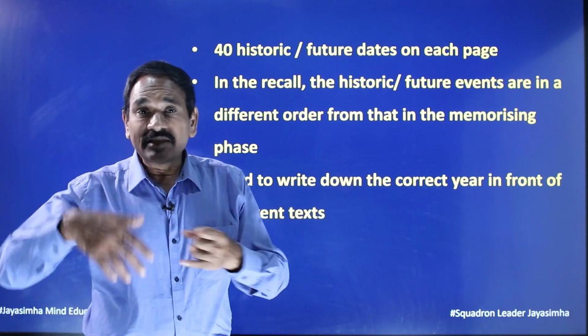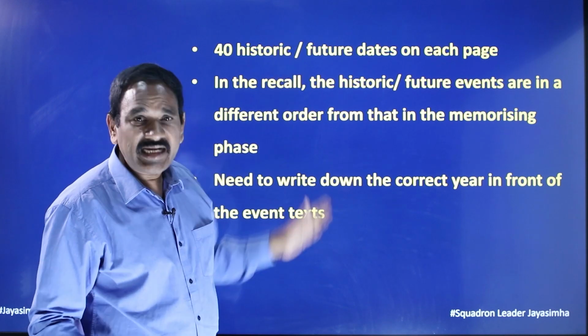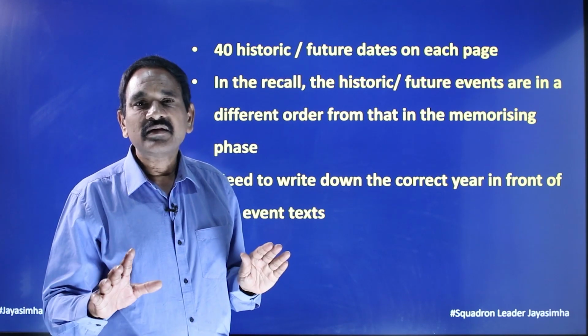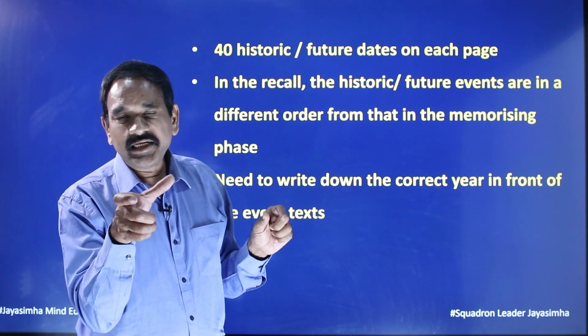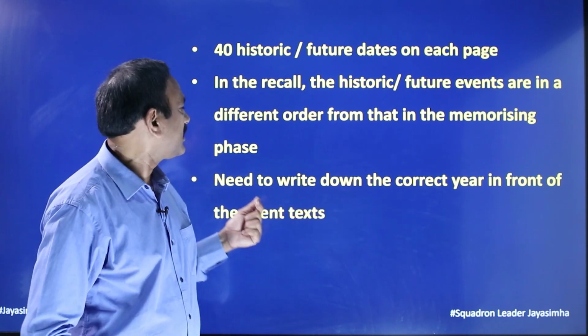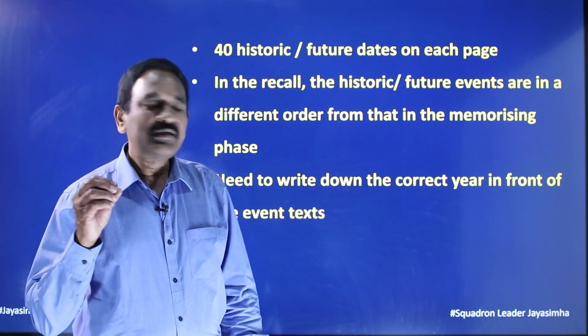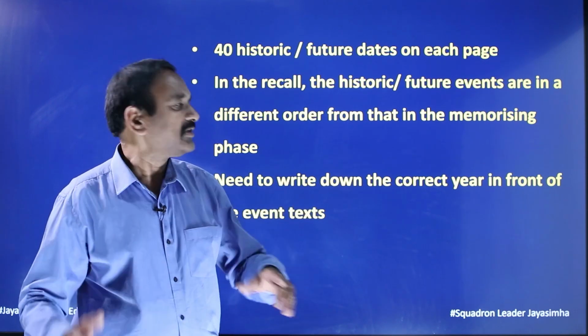I don't know. So the events will be shuffled, and the dates on the left side will all be blank. You need to read that event and then remember which year it was. You need to type the year to the left and write down the correct year in front of the event text. That's what we are supposed to do.